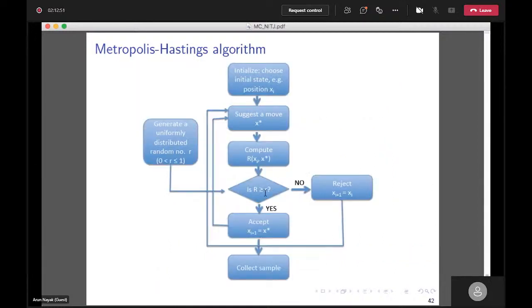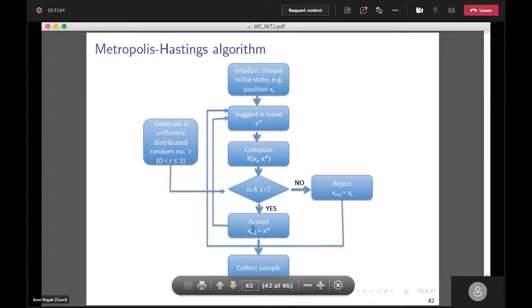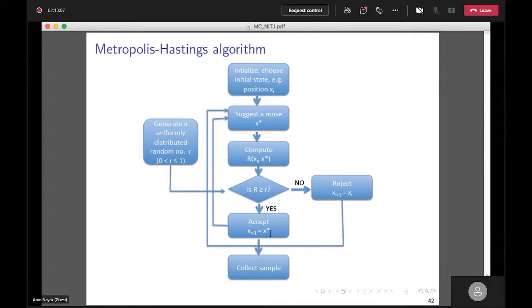Now if small r is less than or equal to R, you keep the next number that you generated, xt plus 1.